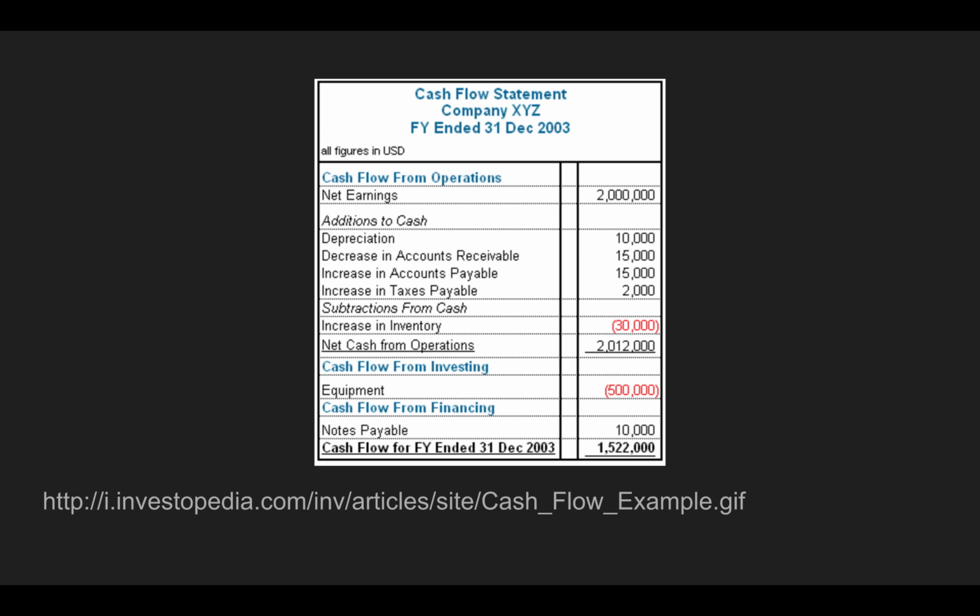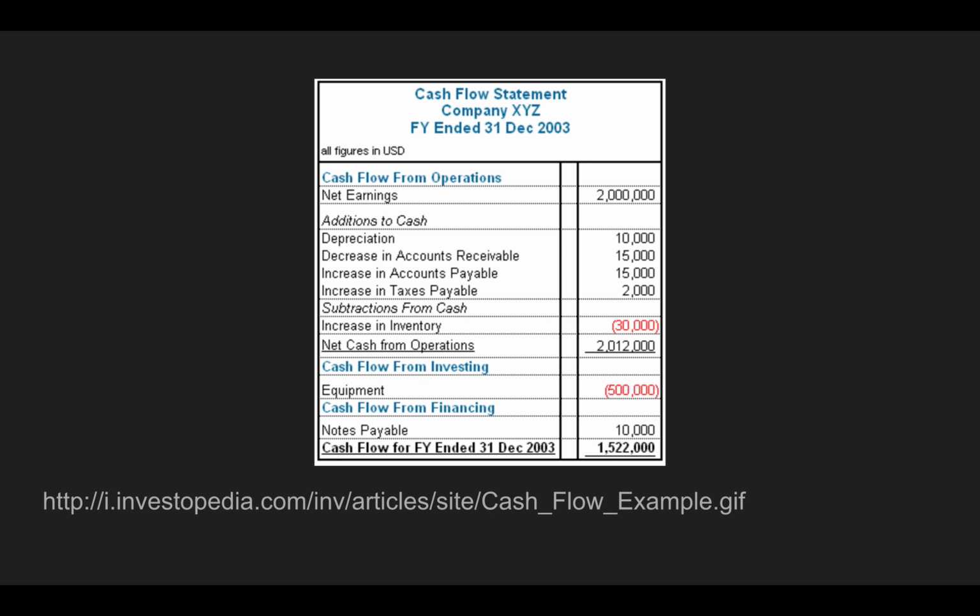And then we have additions to cash. So depreciation was added in, and a decrease in accounts receivable. That means that the accounts receivable account at the end of the year was $15,000 less than it was at the beginning of the year. Increase in accounts payable, it's $15,000, same thing.